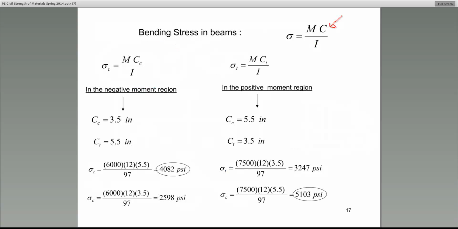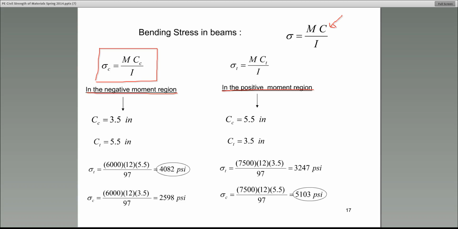Now, here's what I want you to do. If you have any questions, feel free to ask me, but let's take a look. I'm going to do a double evaluation. I'm going to analyze the beam for the negative moment region and also the positive moment region. I want you to make sure you understand where these numbers come from.